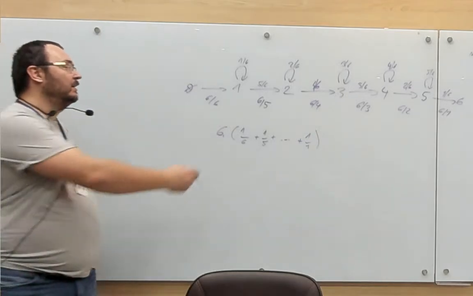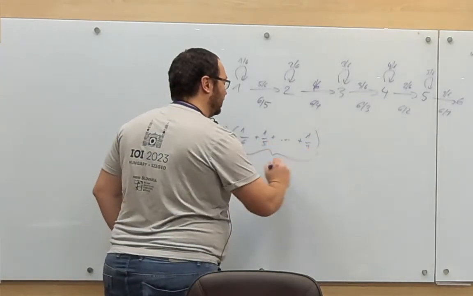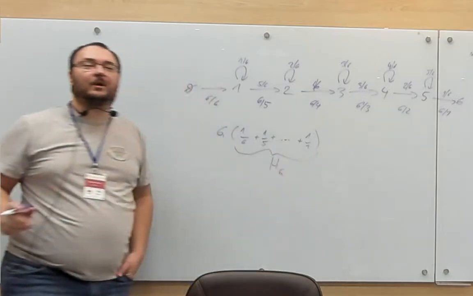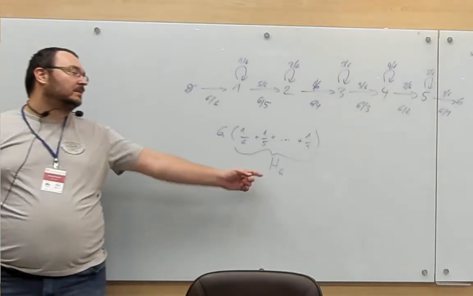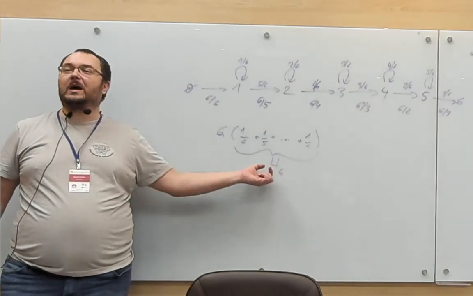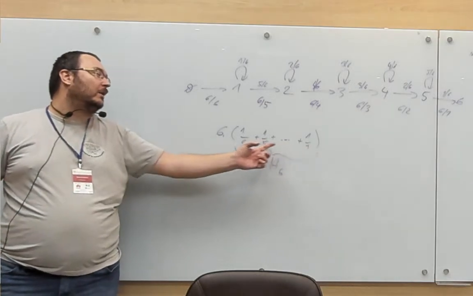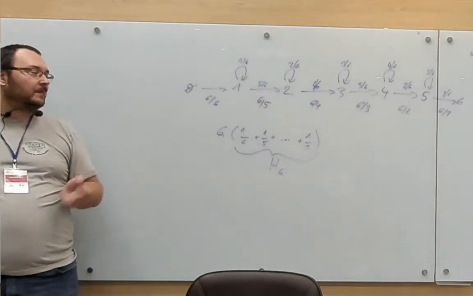And the thing here in the brackets is called a harmonic number and is usually denoted like this, H with the index 6. So H_n is the sum of 1 over 1 all the way through 1 over n.